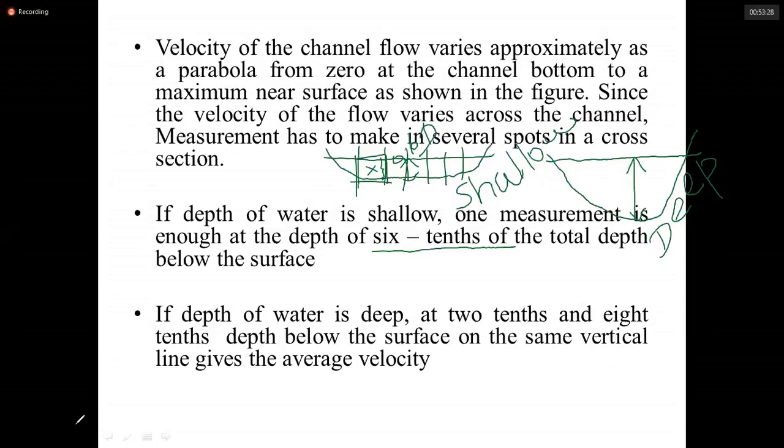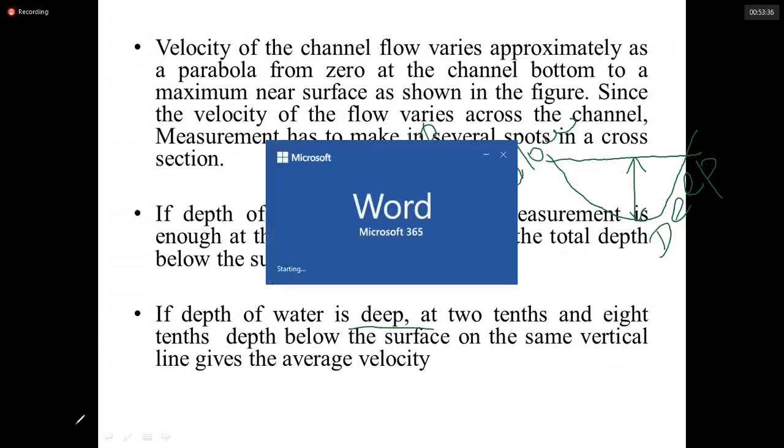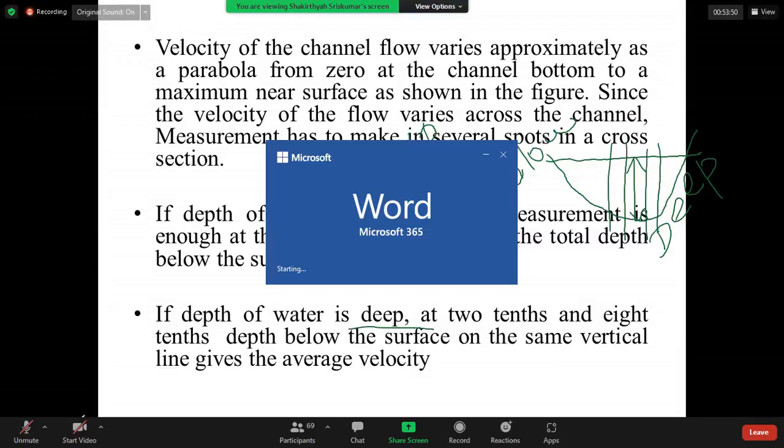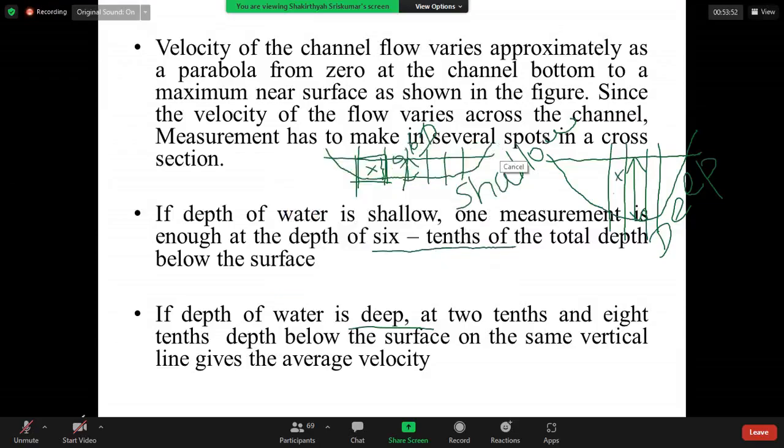If the depth of the water is deep, measurements at 2/10 and 8/10 depth below the surface on the same vertical line give the average velocity. So this time your depth is very large. If you need to increase the accuracy, you need to take at least 2 measurements.